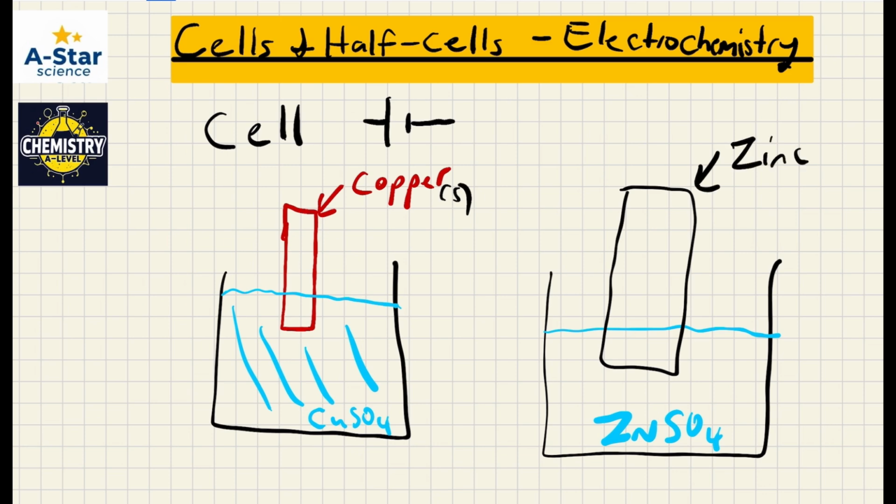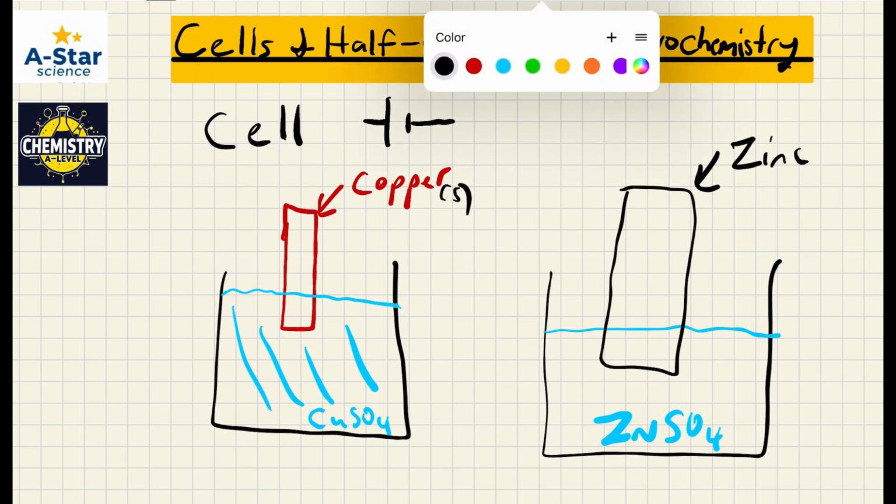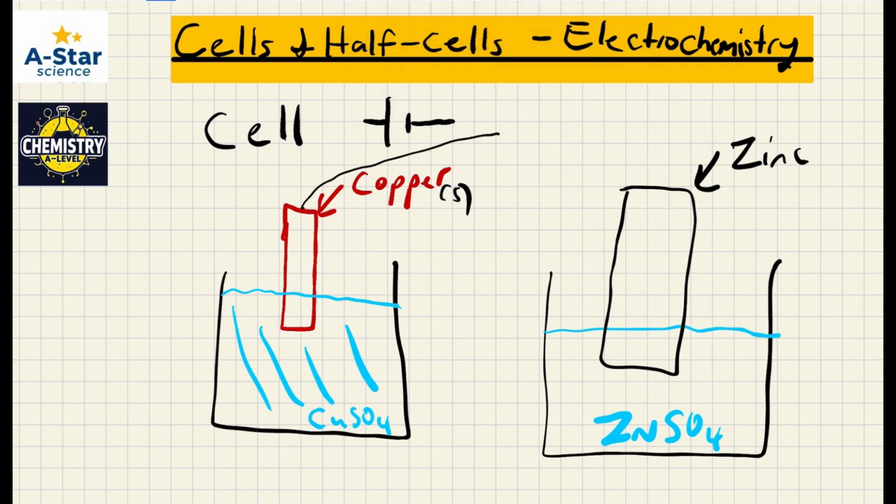We now again have another half cell. If we connect these two half cells, like so, and we put a voltmeter in between them like that, we're going to start to develop what we call a full cell.